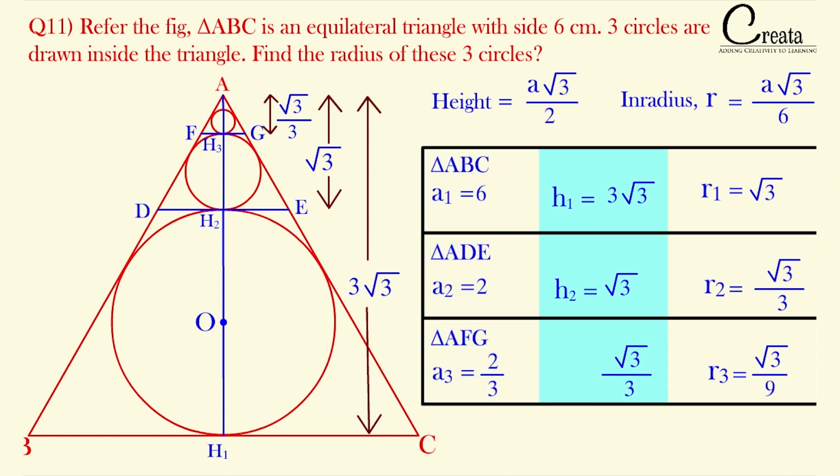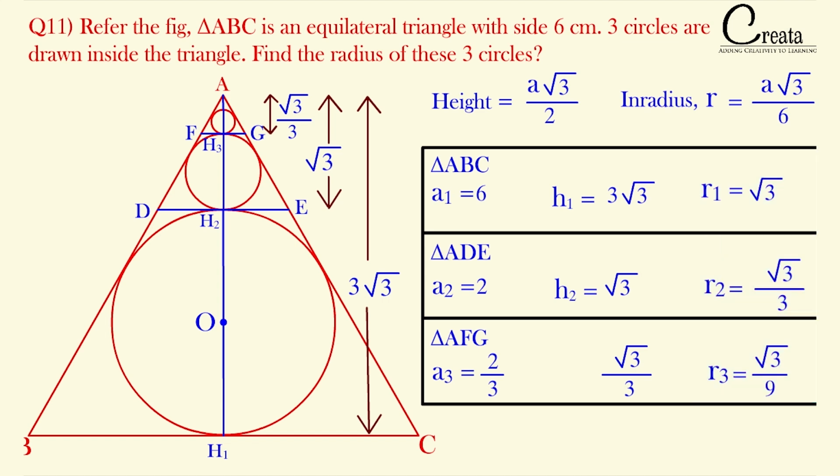Similarly, the height H1 of the first triangle is 3√3. The height of the second triangle is 1/3 of 3√3, that is √3, and the height of the third triangle is 1/3 of H2, that is √3/3. Similarly, R1 is √3, so R2 is 1/3 of R1, that is √3/3, and R3 is 1/3 of R2, that is √3/9.